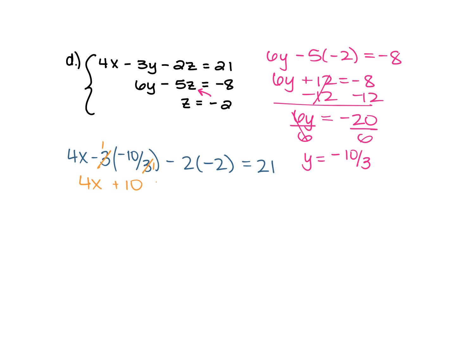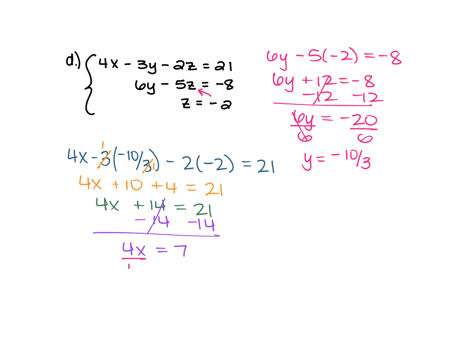The negative 2 times negative 2 is positive 4, and that's equal to 21. From here, you have 4x plus 14 is equal to 21. Subtract your 14 over. That leaves you with 4x is equal to 7. Divide each side by the 4, and you have that x is equal to 7/4.